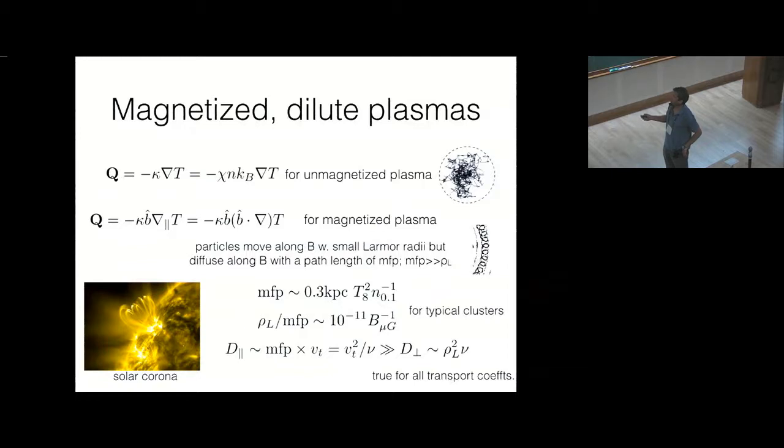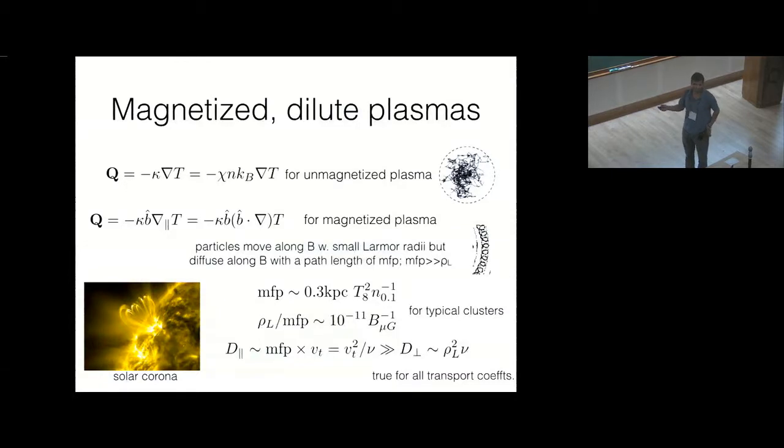This is a cartoon Brownian motion picture of isotropic diffusion. Particles are moving around on an isotropic random walk. But in a plasma, particles are diffusing only along some local magnetic field line.